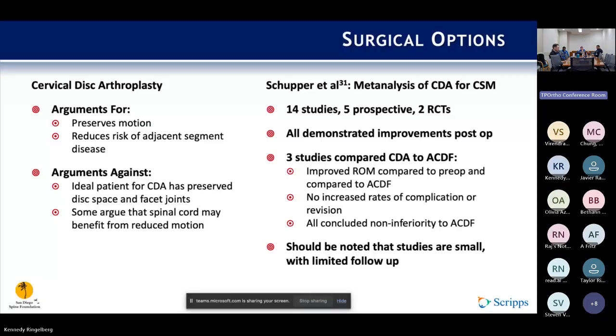Important takeaways is that there was improved range of motion for the arthroplasty group and no increased rate of complication or revision. So basically just concluding that there is non-inferiority to ACDF. But again, these studies are small, limited follow-up, retrospective in nature, so there may be some selection bias. And also, we do not currently have the data to see how this sort of pans out long-term.